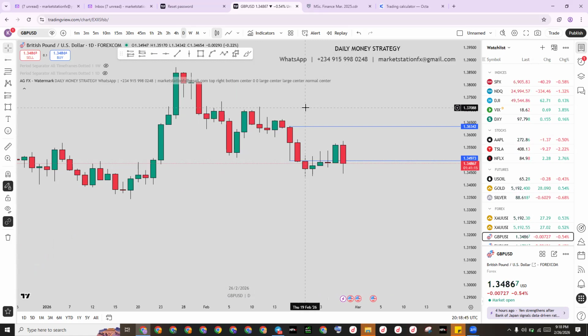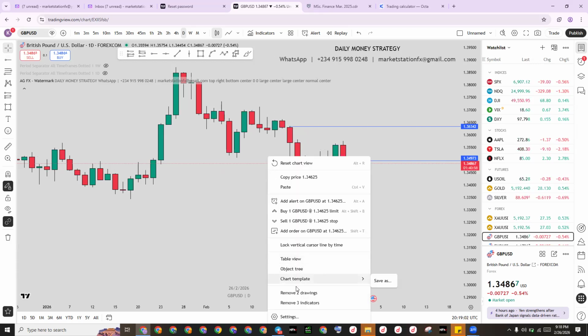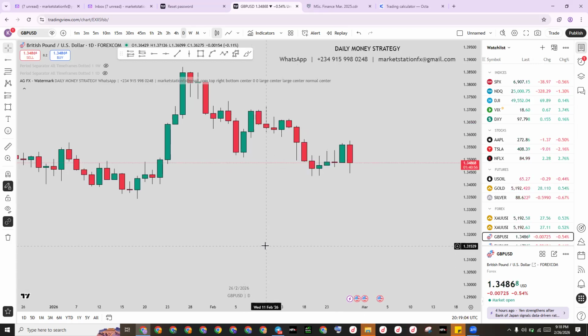So any candle that is raided, and the second candle, the one that raided it, closes and fails to break it, then it qualifies for CRT. That is the best way to define it.